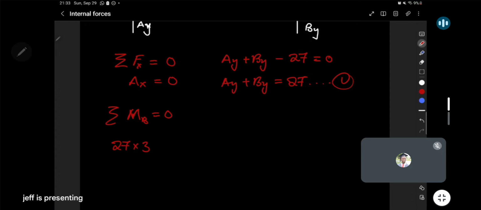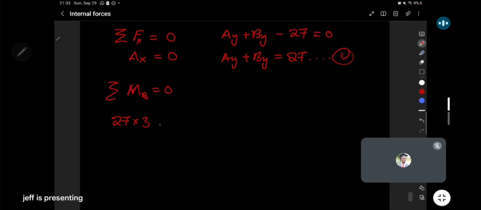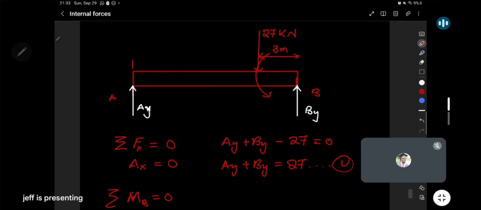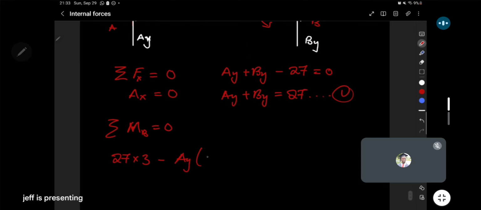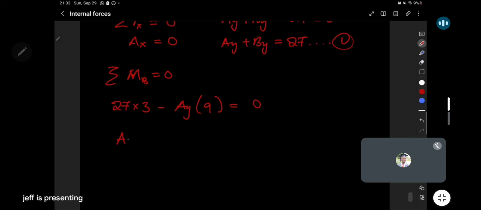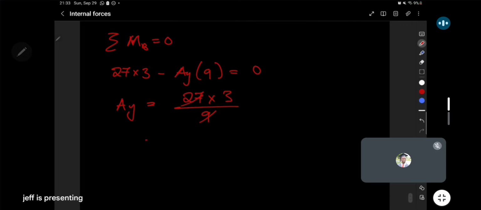AY will be causing a clockwise rotation, so it will be minus AY, and the distance will be the full length from A to B, which is 9, equals 0. So now we have AY equals 27 by 3 over 9. This will go 3 times there so that we have 3 by 3, which is 9 kilonewtons.